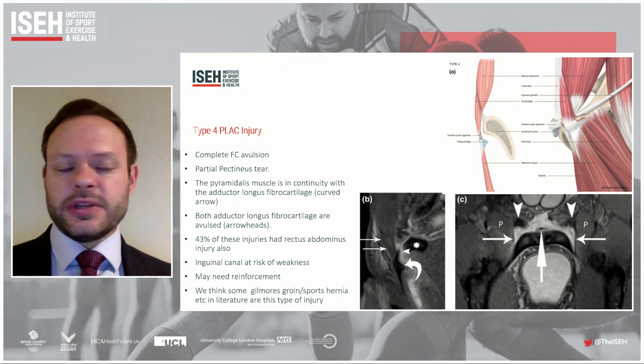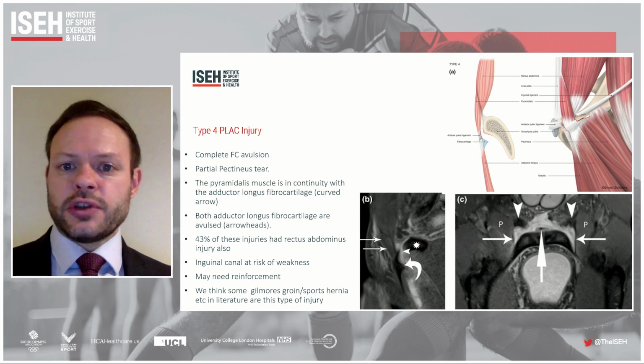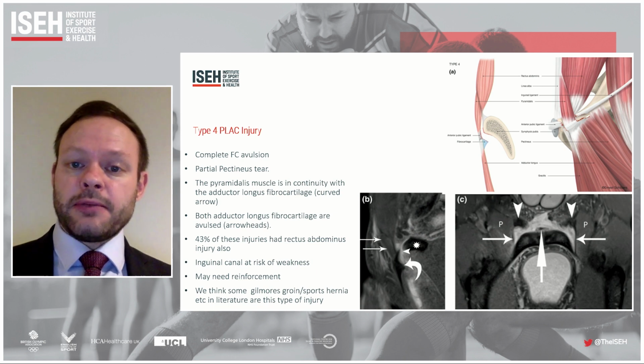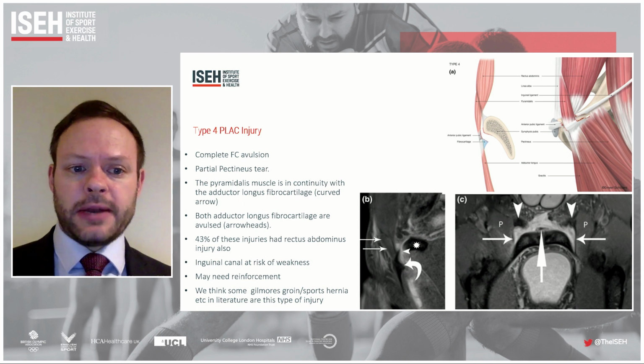Type 4 plaque injury is a very interesting injury to look at, because 43% of these injuries have rectus abdominis injuries also. The illustrations show how the injury actually detaches the whole pyramidalis and fibrocartilage from the pubic bone. And with it being a severe injury, there can be injuries proceeding proximally up into the inguinal canal.